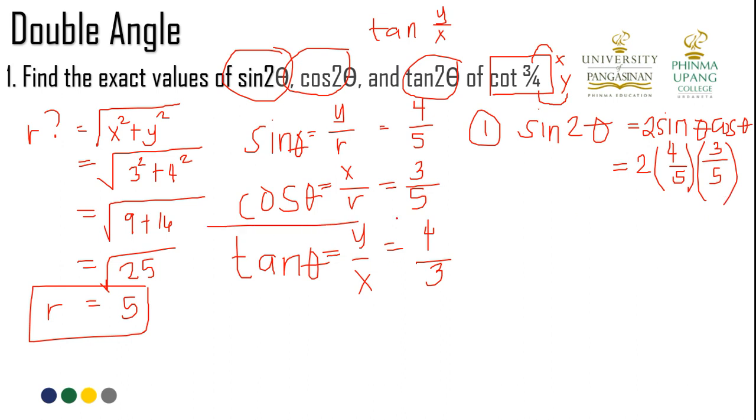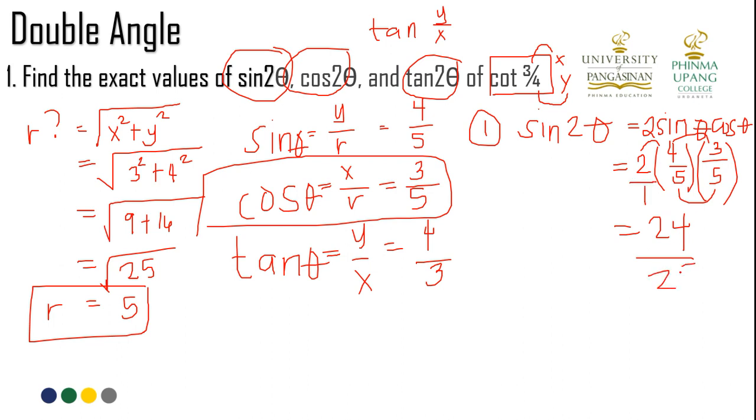Yan. So kailangan natin isolve muna yung 3 na trigonometric functions bago tayo tumungo sa double angle. So pag wala kayong calculator, mano-mano, 2 times 4 is 8. Then 8 times 3 is 24. And then 5 times 5, 25.